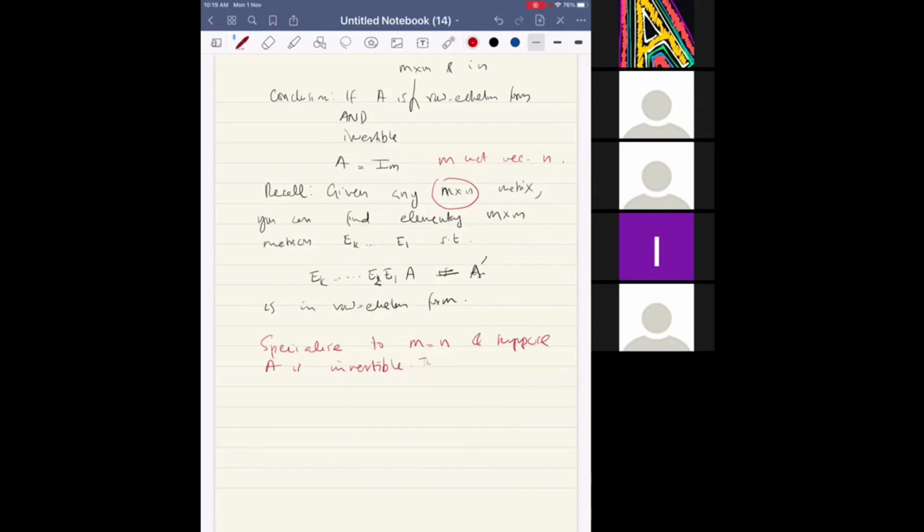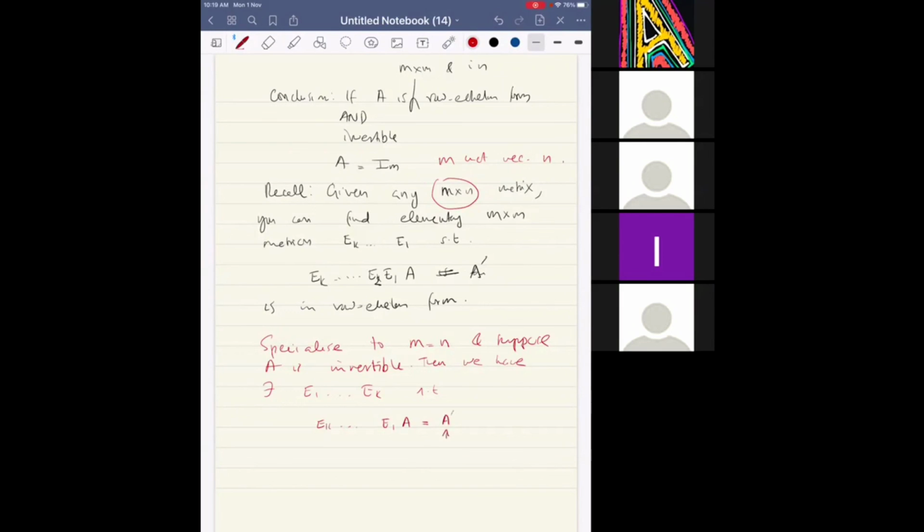So then we have elementary matrices E1 through EK such that EK through E1 A is A prime.